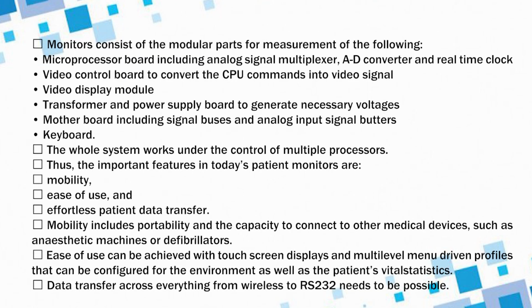Monitors consist of the following modular parts: a microprocessor board including analog signal multiplexer, A to D converter and real time clock, a video control board to convert the CPU commands into video signal, a video display module, a transformer and power supply board to generate necessary voltages, a motherboard including signal buses and analog input signal buttons, and a keyboard.